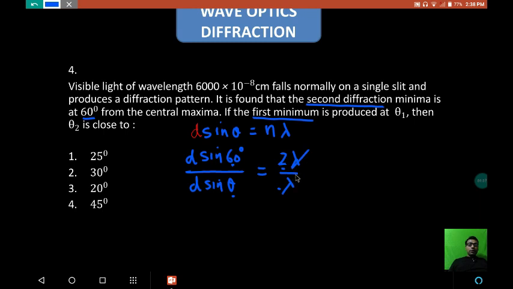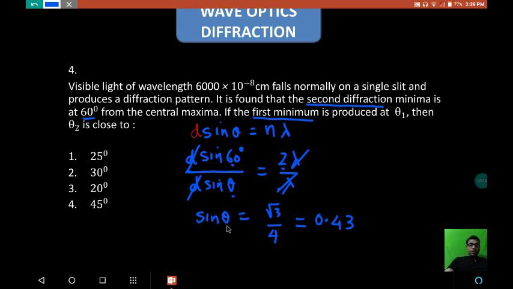From here we get the value of sine theta equal to root 3 by 4. As we all know, the value of sine 60 degree is root 3 by 2. If we solve this fraction, we get 0.43. You know the value of sine 30 degree is 0.5.